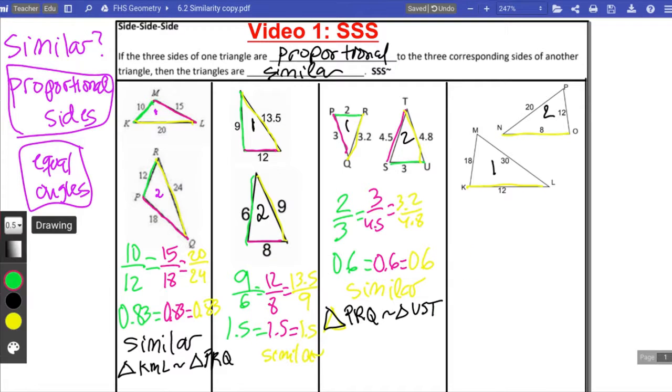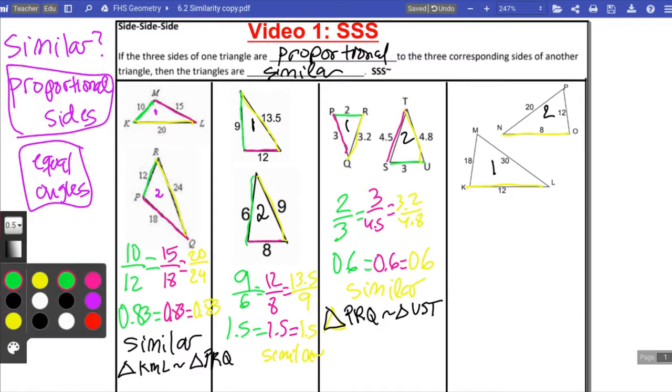So we started with green. So 8 over 12. Then my next color was for the medium side: 12 over 18. And then my yellow will be the longest, 20 over 30.